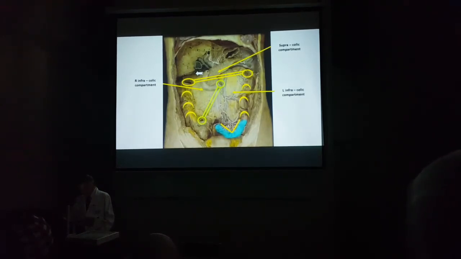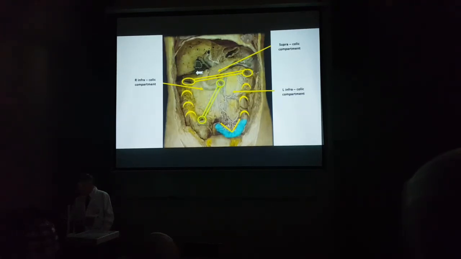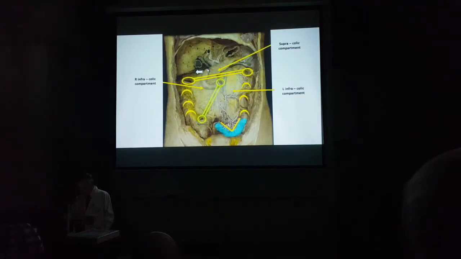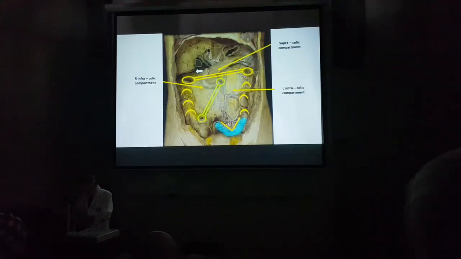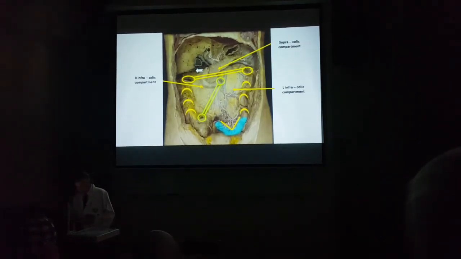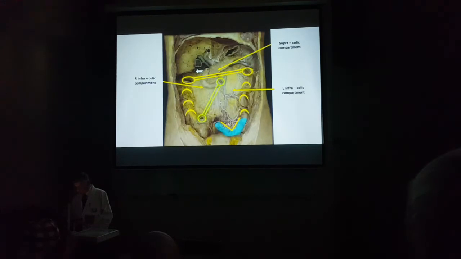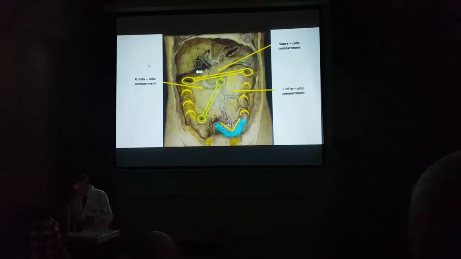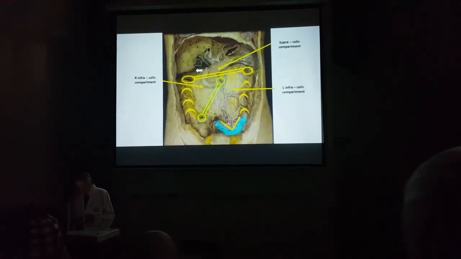Here's the stomach cut. And this is the duodenum. If we have a perforated duodenal ulcer or posterior gastric ulcer, fluid comes out. When the fluid comes out of an organ, if it comes this way, the root of the mesocolon is going to stop it.